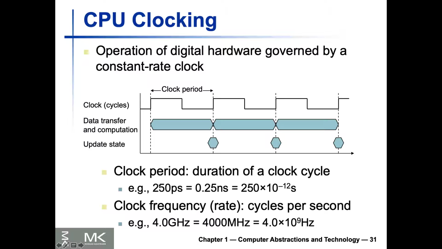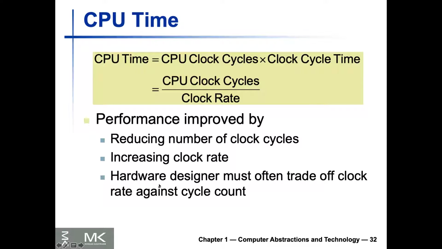So given this small introduction, we can define CPU time as a function of clock cycles, the number of clocks it takes for a certain task to complete. CPU time stands for CPU clock cycles multiplied by clock cycle time.